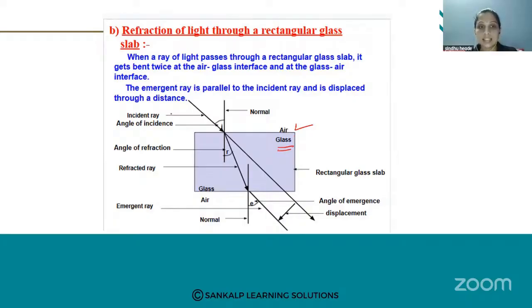This ray is the incident ray, and this is the angle of incidence and this is the angle of refraction. This is the normal. Refraction occurs, and this is called the refracted ray. Again here a normal is formed and again it bends. This is considered as the emergent ray.